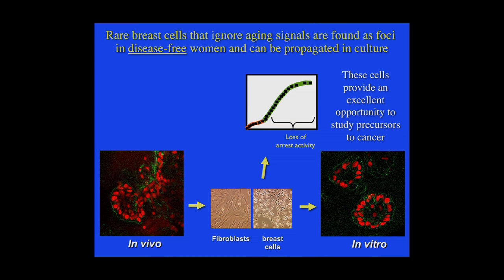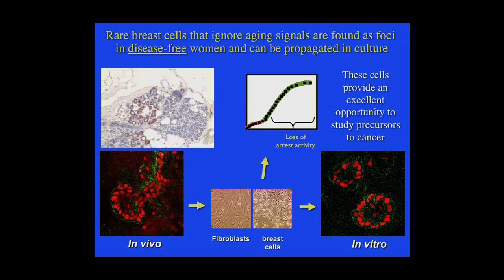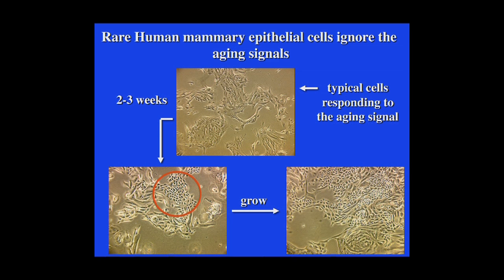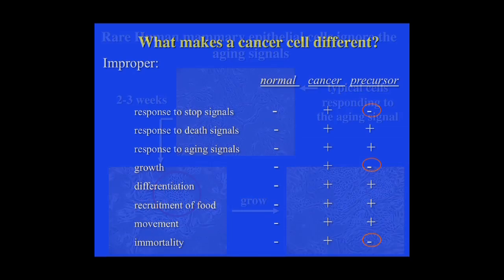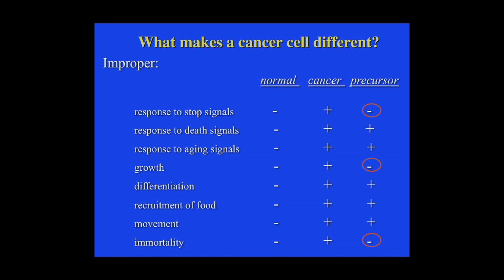And you can start to study these cells in culture and identify the cells that have broken these pathways and actually start to see them grow. But I'm not going to talk about that much more. So what I was trying to say here is what makes a cancer cell different? It's their inability to react properly under a whole set of conditions. And so they behave abnormally.